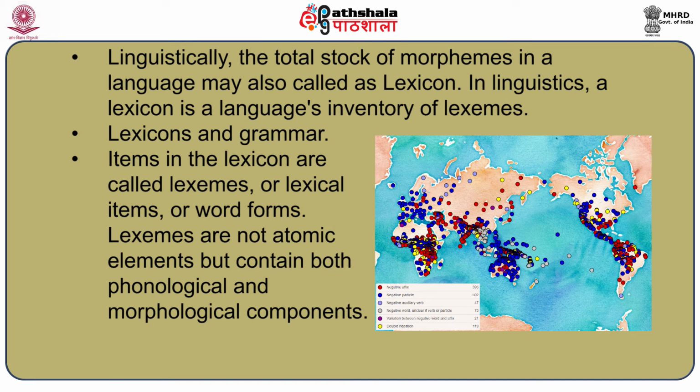In linguistics, a lexicon is a language inventory of lexemes. Linguistic theories generally regard human languages as consisting of two parts: a lexicon, essentially a catalogue of a language's words, the word stock, and a grammar, a system of rules which allow for the combinations of those words into meaningful sentences.